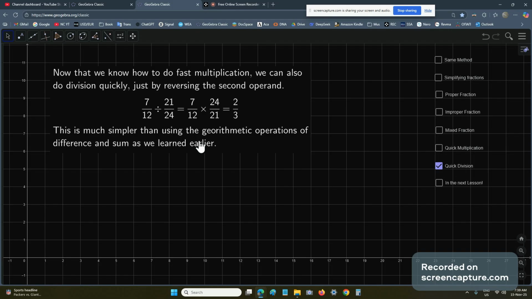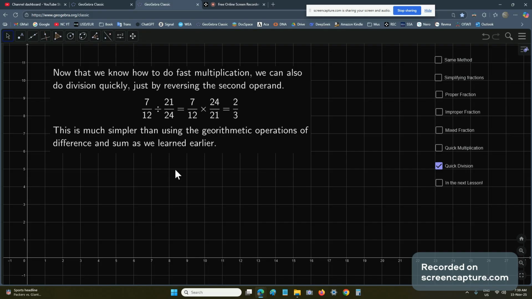However, if we're just simply dividing or multiplying using ratios of magnitudes, it's just a case of taking the antecedent of the first operand as the numerator and the consequent, and the antecedent of the second operand as the consequent of the quotient, which is going to be the result.